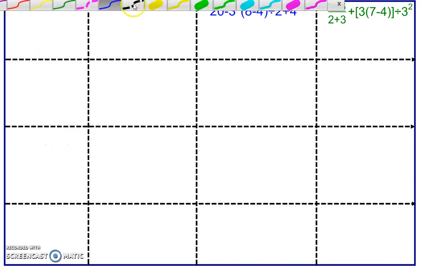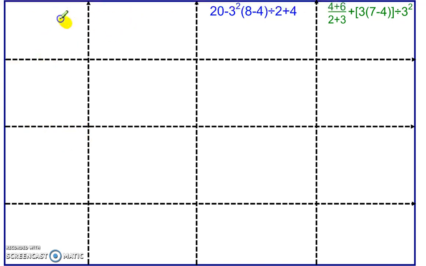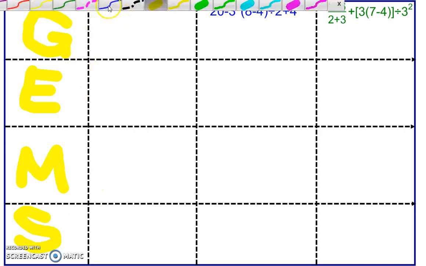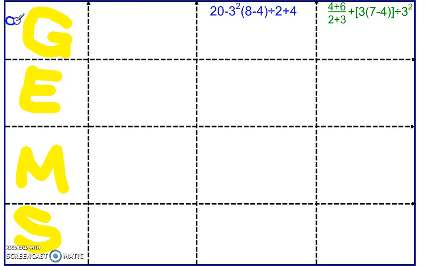In your left section, use a highlighter or a light pencil. G-E-M-S. G stands for grouping symbols.